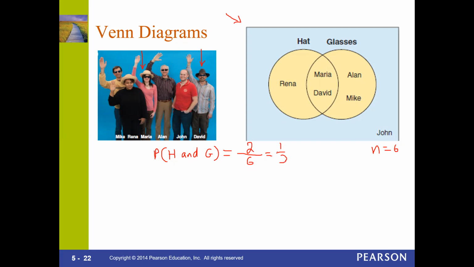And also, if I say, for example, probability of H or G, what do you think this will be?